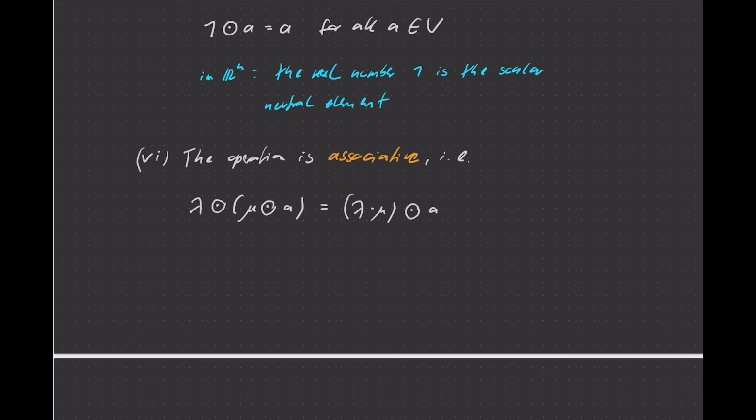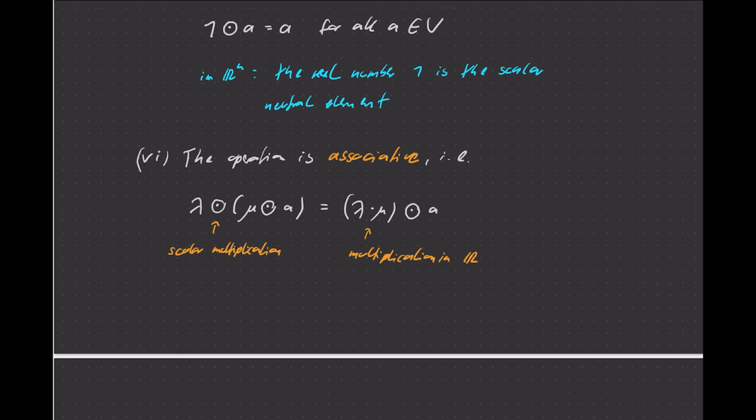And notice that here we have a scalar multiplication, whereas here we have a multiplication in the reals. So this is a little strange in that it actually changes the operations.